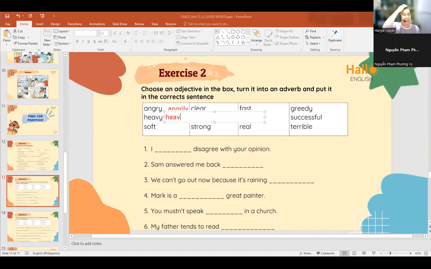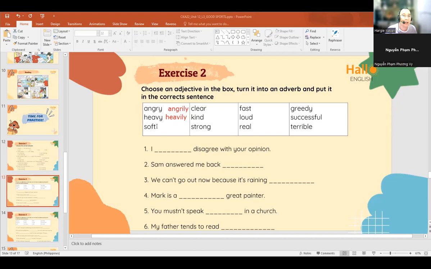Can you spell that one, heavily? So I already put there H-E-A-V. Again, since the word heavy ends in Y, we need to change that into I and add ly, right? So heavy becomes heavily. Right, V?